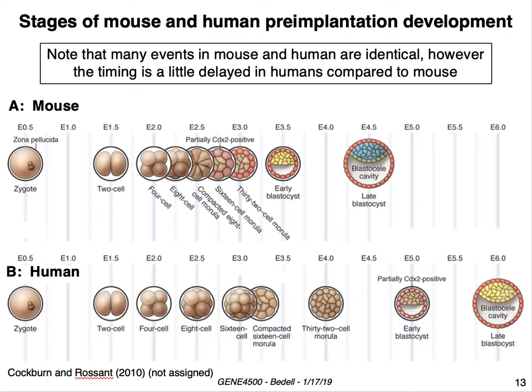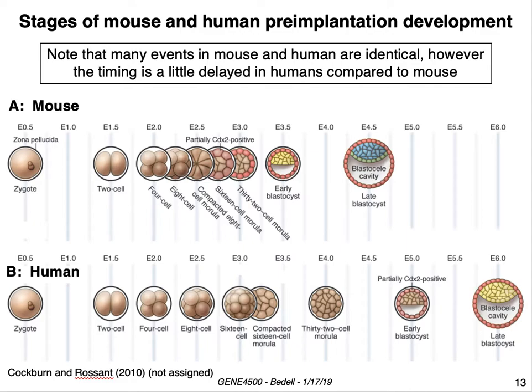Now, there is a little bit of a difference here. You notice here in the human late blastocyst, we don't have that third layer of cells. That actually takes place slightly after implantation. And even though I told you that essentially the same processes, just slightly delayed, are taking place in human and mouse, some of the details are more complicated in human.